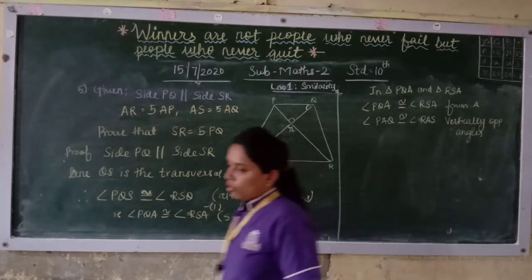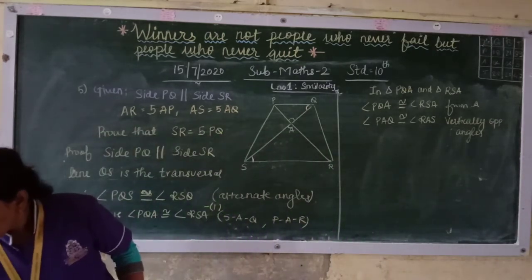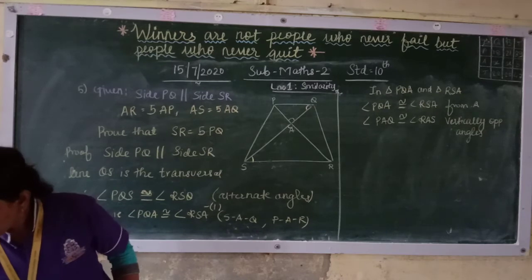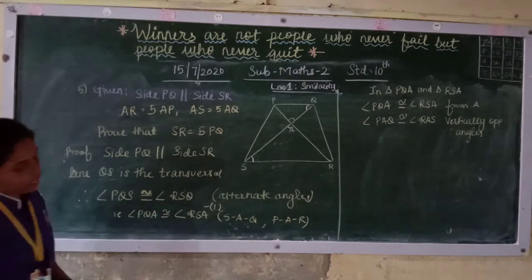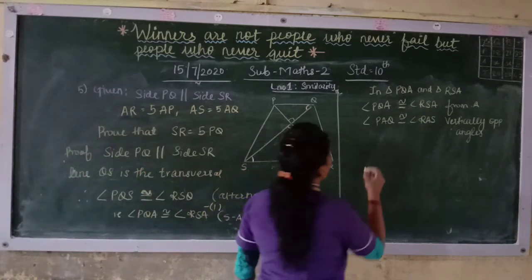Now you will see that we have already got two properties, so the triangles will be similar.